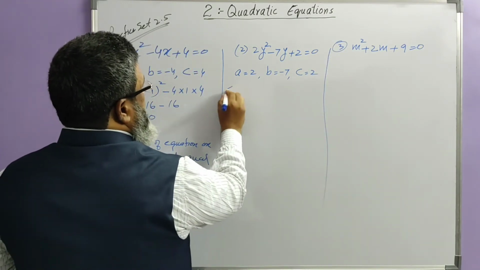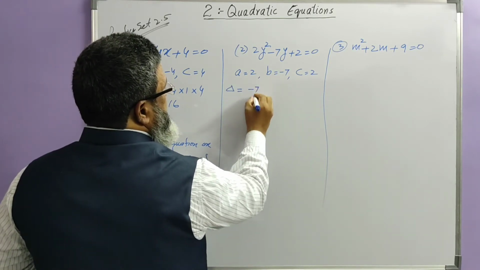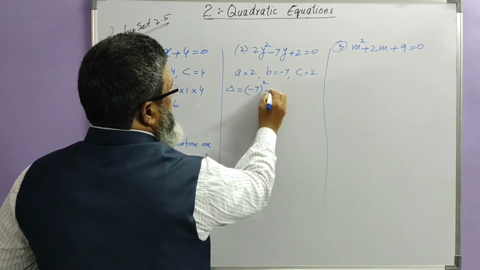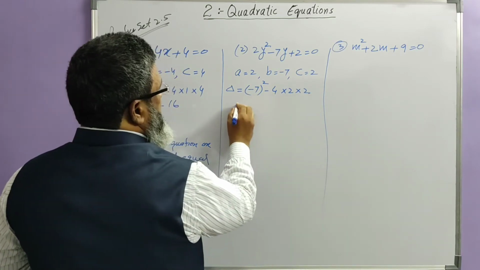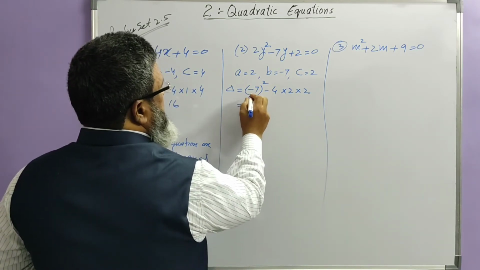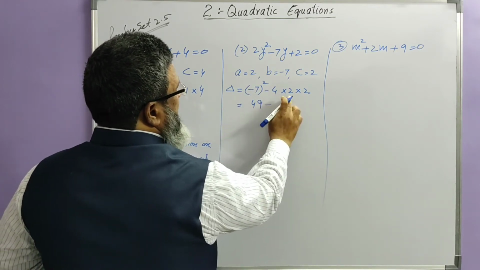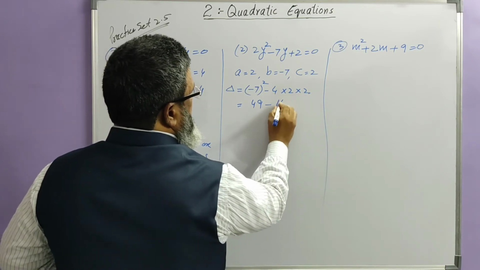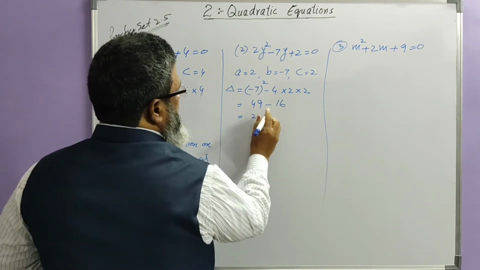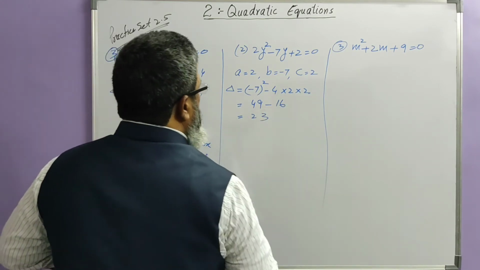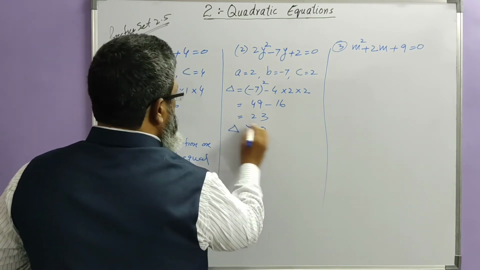So delta is equal to b square minus 4ac. b square means minus 7 square, minus 4 into a into c. 7 square is 49, minus 4 twos are 8, 8 twos are 16, 49 minus 16 is 33. So delta is greater than 0.